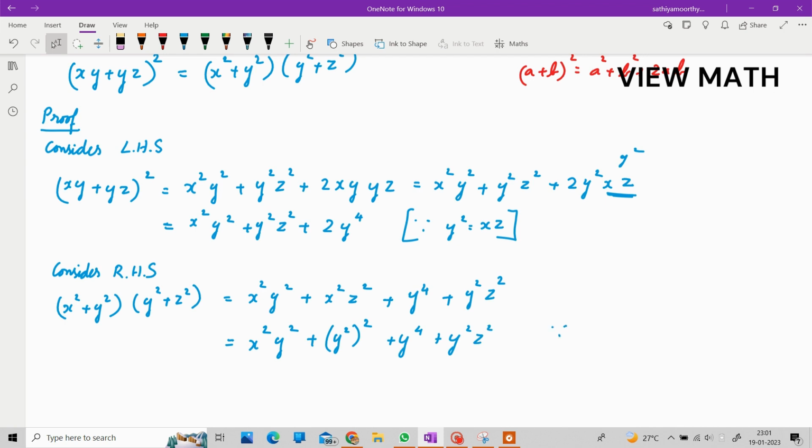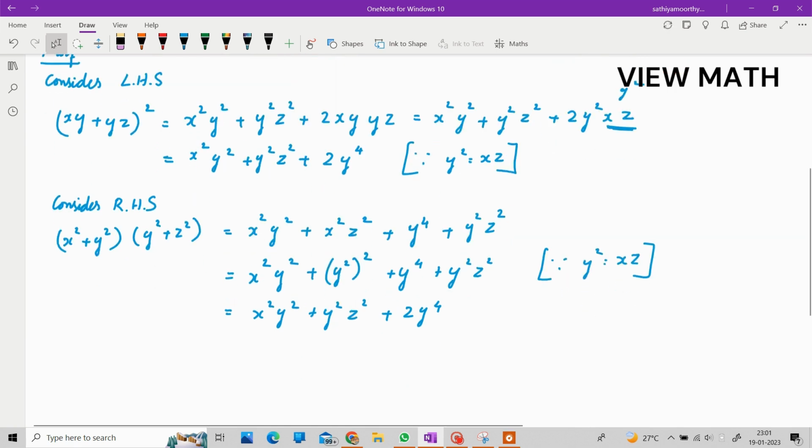Now let me write this term first: x square y square plus y square z square plus y power 4 and this is also y power 4. So 2 times y power 4.